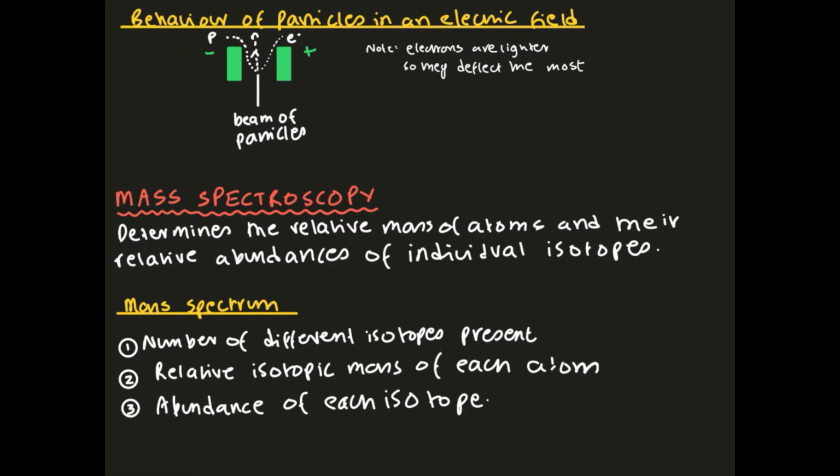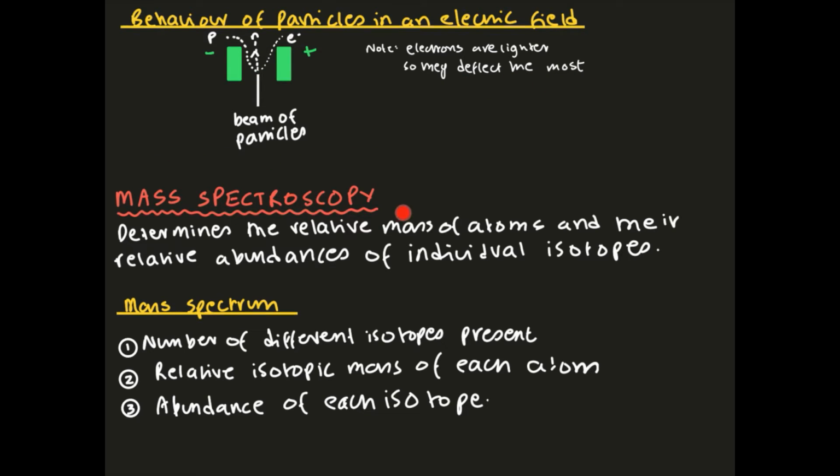However, since protons are positively charged, they're going to deflect towards the negative plate, as a positive charge attracts a negative charge. And electrons, which are negatively charged, are going to move towards the positive plate. One more thing to notice is that since electrons are lighter, they're going to deflect more than protons.